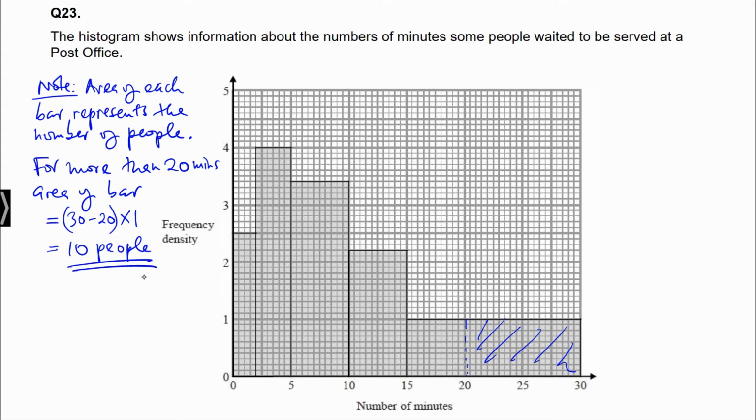Okay, so we have 10 people, these are the people who waited for longer than 20 minutes to be served. Now, another thing that you have to find here is the total number of people. So we need the total number of people.